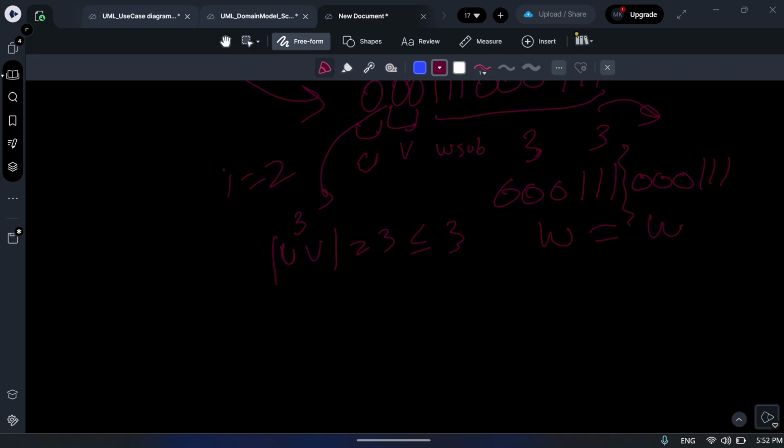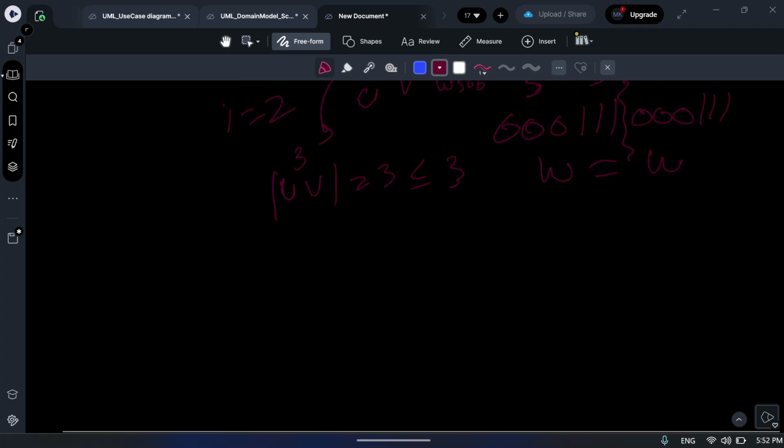Now our winning move would be that we choose the pumping multiplier i equals 2, and in that way we duplicate the v section once.